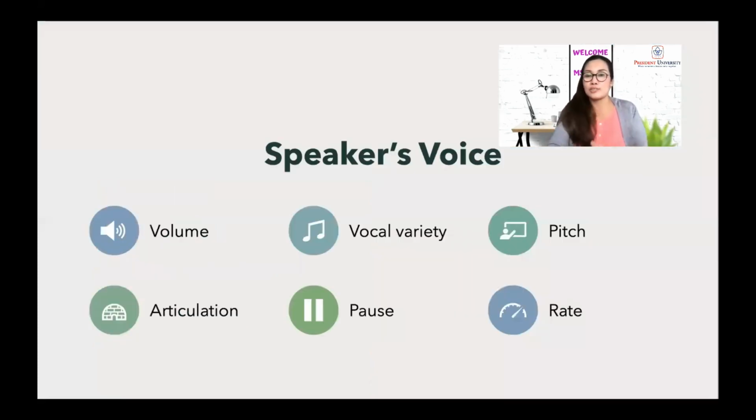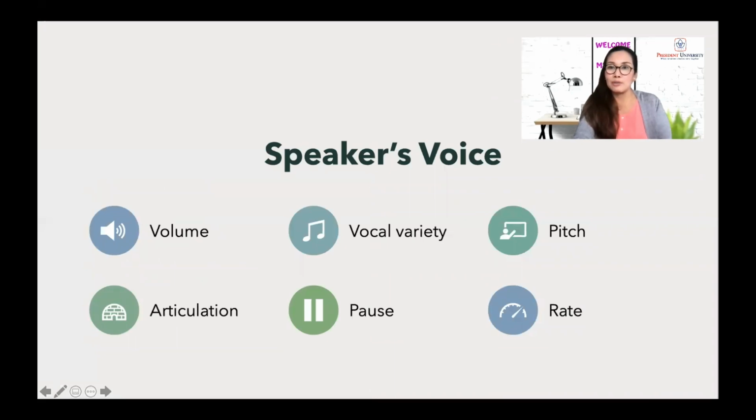There are a lot of gestures that we need to learn related to how to present a good speech. Related to the speaker's voice, there are a lot of things that we need to pay attention to. For example, the volume, vocal variety, pitch, rate, pause, and articulation. We are going to talk about this one by one in a minute.